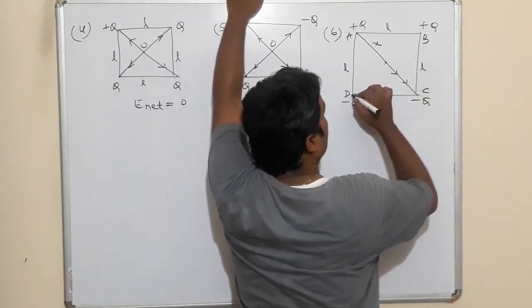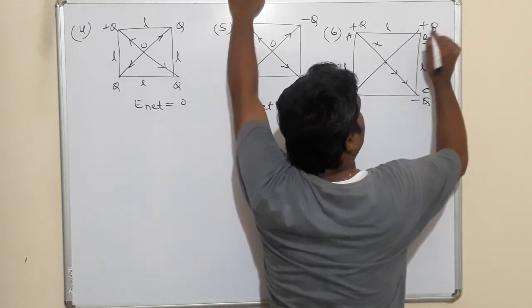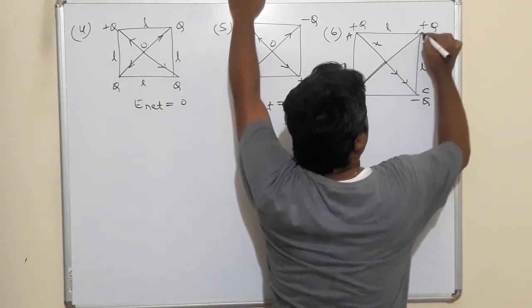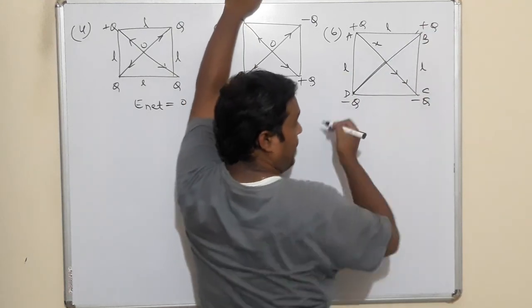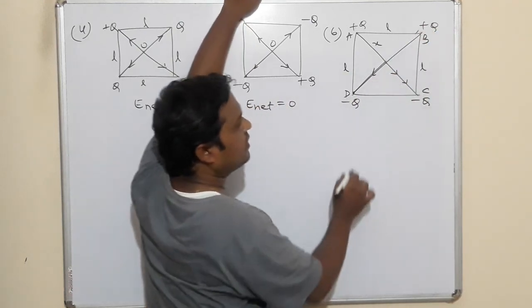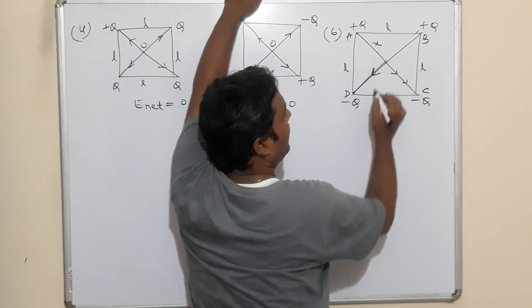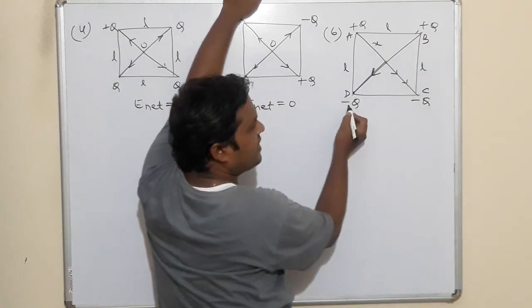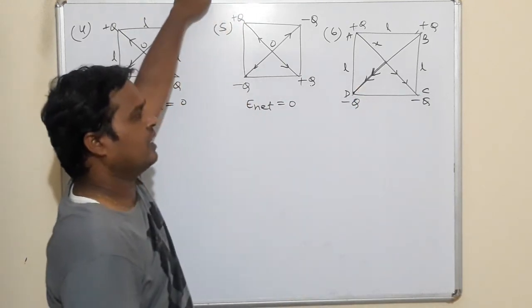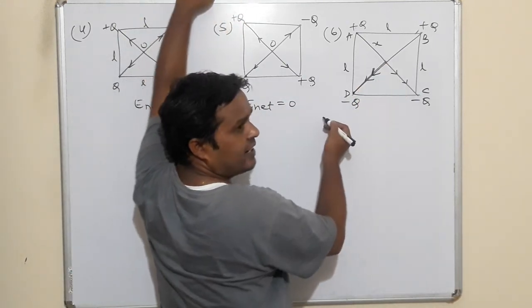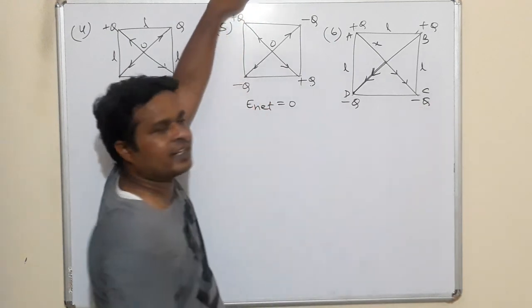Electric field due to this negative charge will be in this direction. Electric field along this diagonal, you see, due to this charge will be away from it, because it is a plus charge. And electric field due to this charge at this point will be towards the charge. That means two fields will be in this direction, two fields will be in this direction.